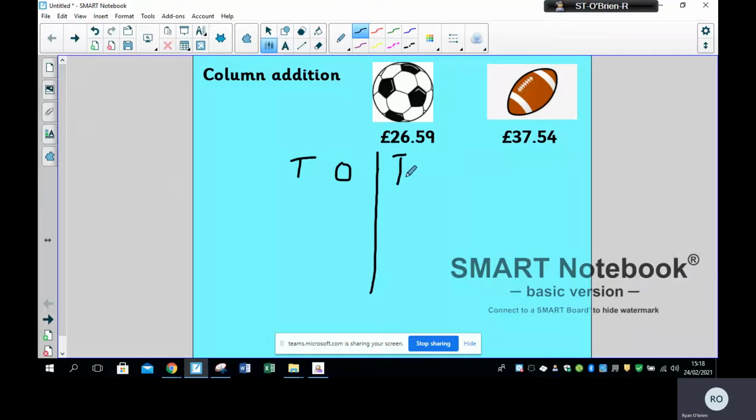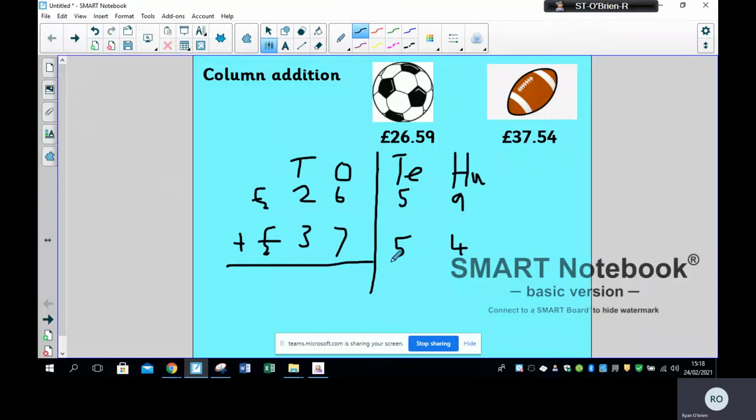Okay, and then you have your tenths and you have your hundredths. Okay, so we have £26.59 add £37.54. Okay, that's where your decimal point will go.